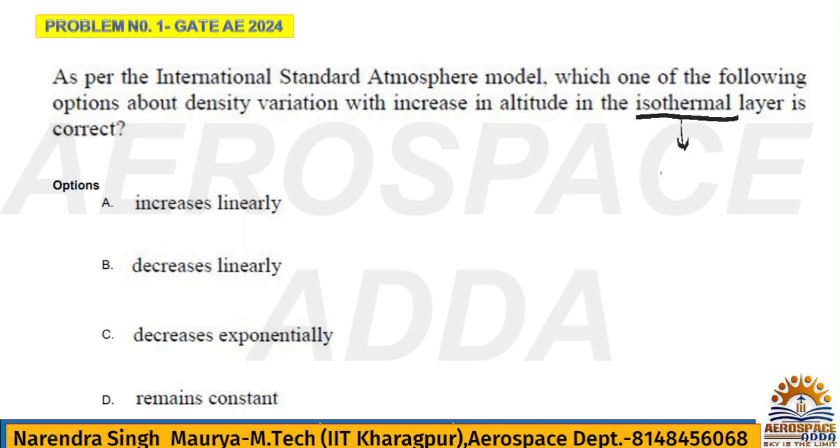Basically, in airplane and aircraft studies, mainly two layers we are studying, and those are the troposphere and stratosphere. Isothermal means constant temperature, and this constant temperature region or layer is called the stratosphere.